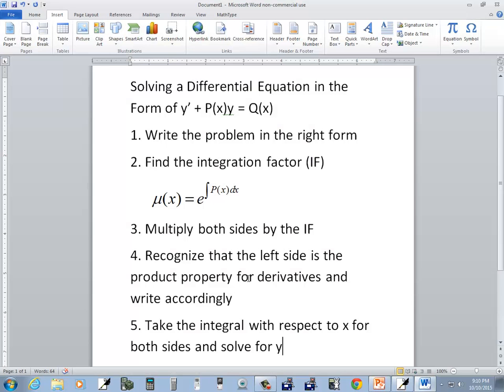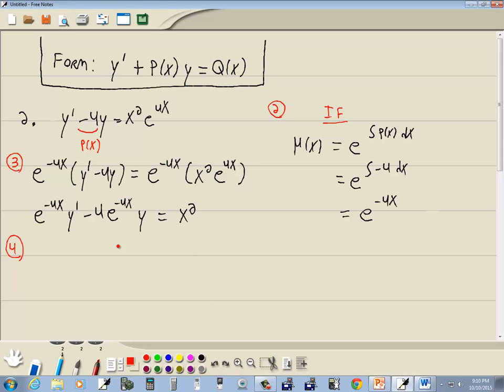Step 4. Recognize that the left side is a product property for derivatives and write accordingly. This would be our p. This would be our p prime. This would be q. And then derivative of that would be given by this. So this is q prime. So we can rewrite this as a derivative of y times e to the negative 4x.